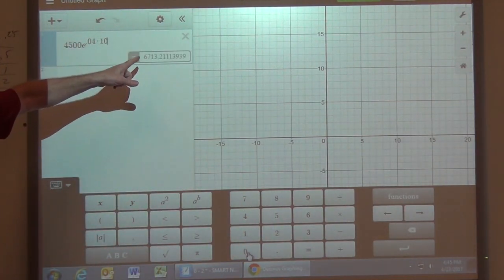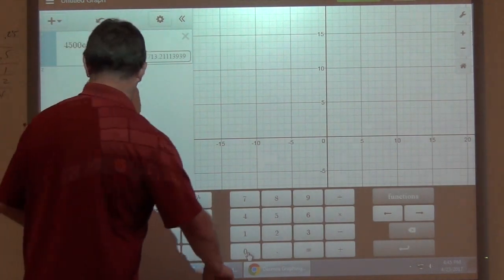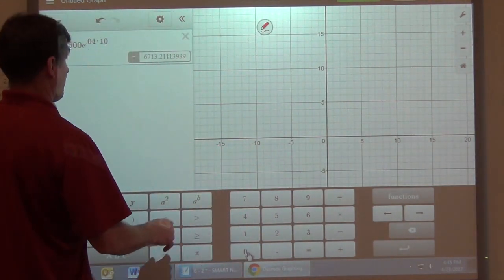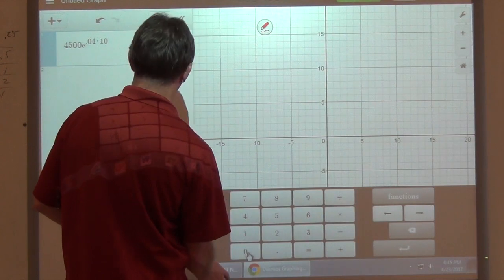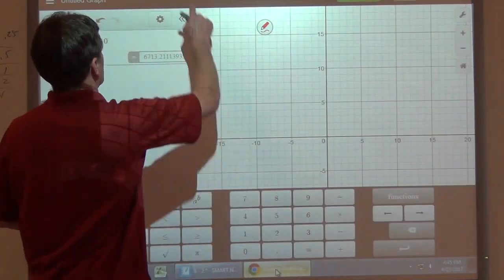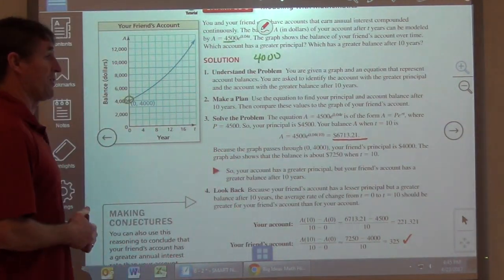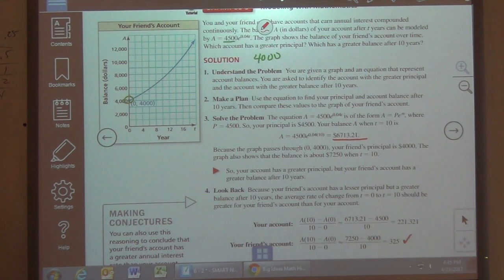And we can see that you're going to have $6,713.21 in your account after 10 years.